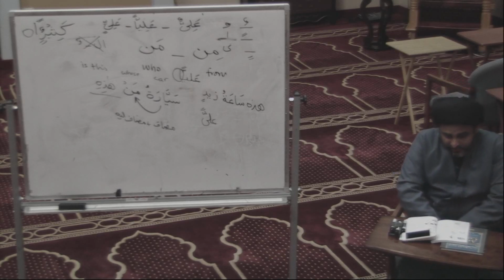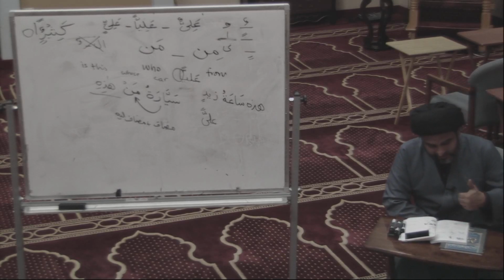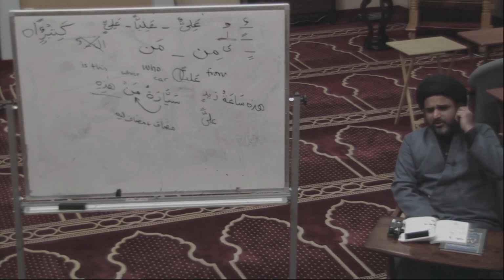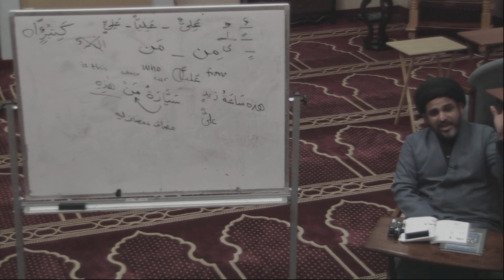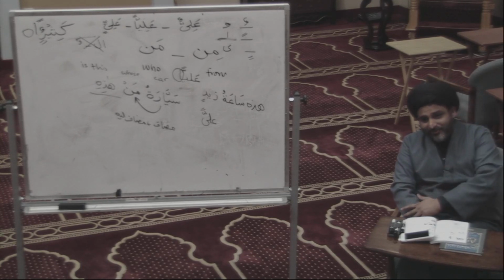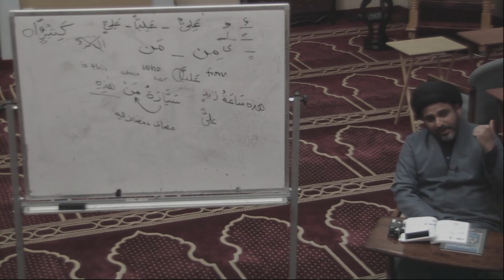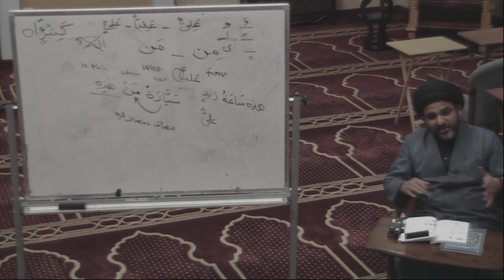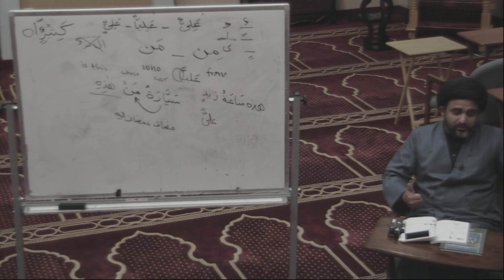So these are two places where you have the word yad. Well, the word yad has appeared elsewhere, for example, Yadullah fawqa aydihim. God's hand is above their hands. Yad of Allah, hand of Allah, fawqa aydihim is above their hands. So yad is singular, aydi becomes what?